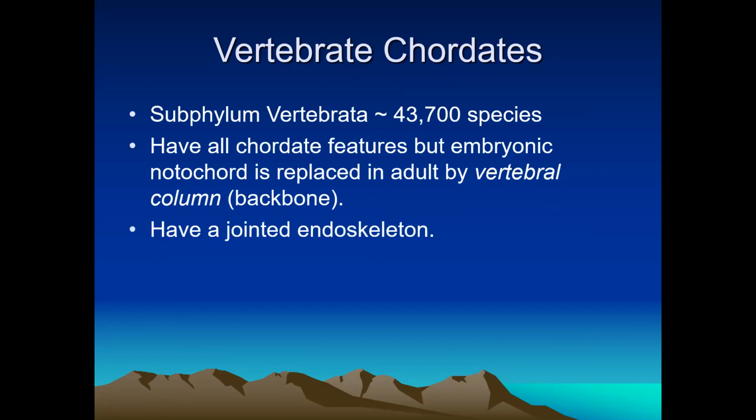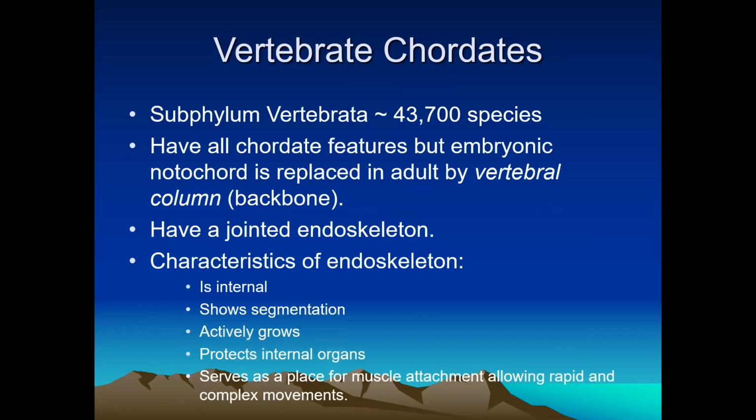They have a jointed endoskeleton, and there are some characteristics of that endoskeleton that I will not ask you on the test, but you can see how they are related somewhat in structure and function to the exoskeleton. It's just internal now.